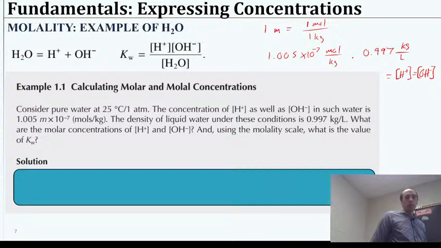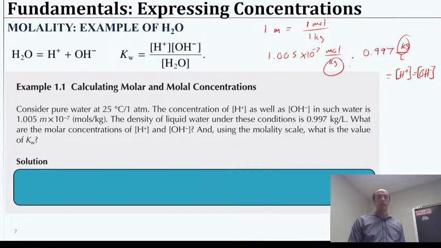All right, so for the first part of this, we should be thinking something like this. The 1 molal solution is 1 mole per 1 kilogram. And so if we have 1.005 times 10 to the minus 7 moles per kilogram, we can multiply that by the density. Just look at the units, right? We've got kilograms and kilograms, those should cancel, because what we're aiming for is moles per liter to report in molarity.